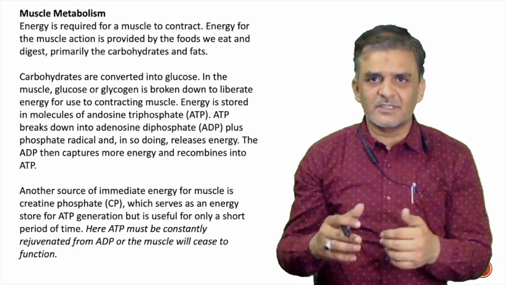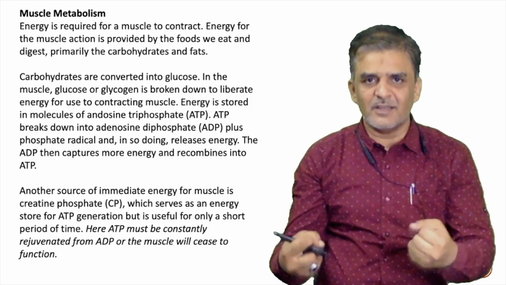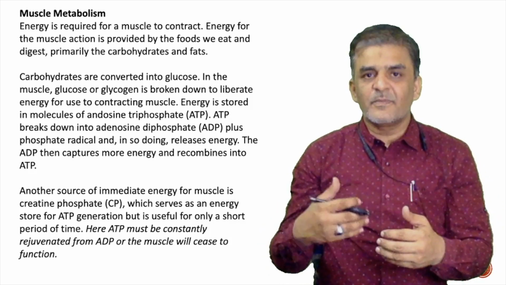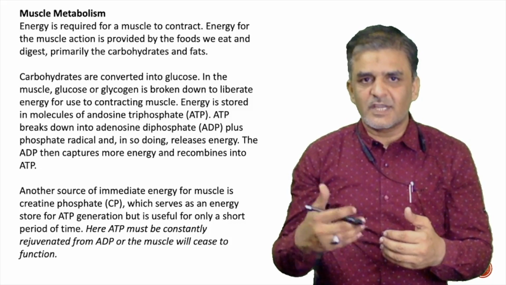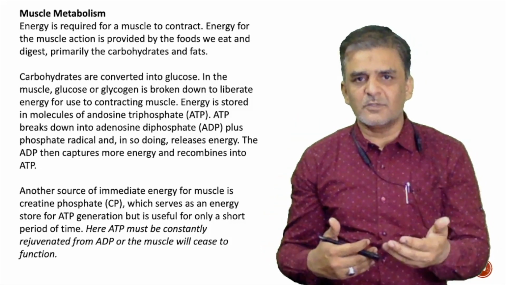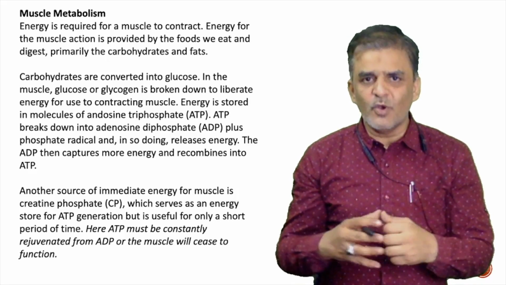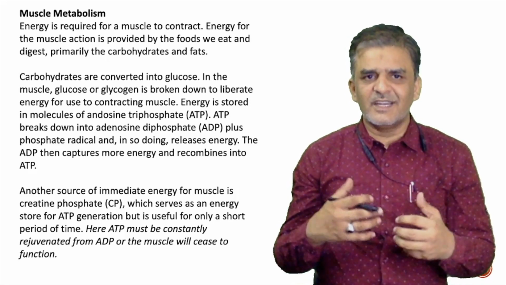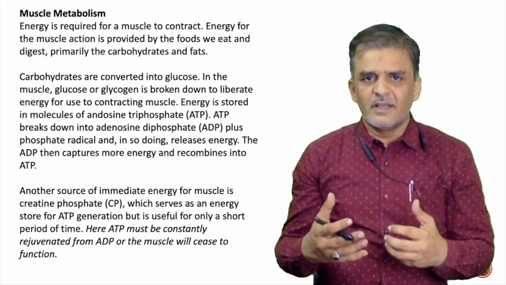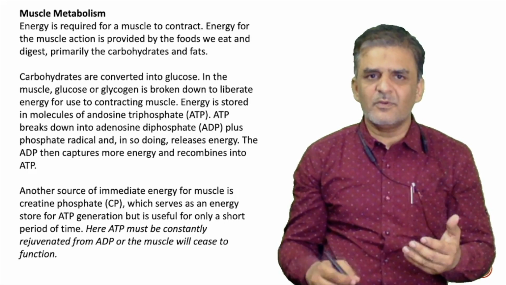But in this process, energy is released. The released energy is utilized by the muscles, and then it recaptures. Adenosine diphosphate recaptures energy and converts back to ATP. Sometimes we also get energy from creatine phosphate, which serves as energy storage for ATP, but it is for a very short duration.